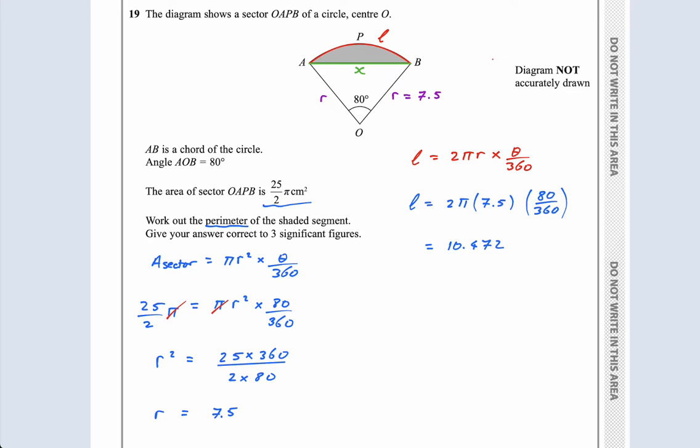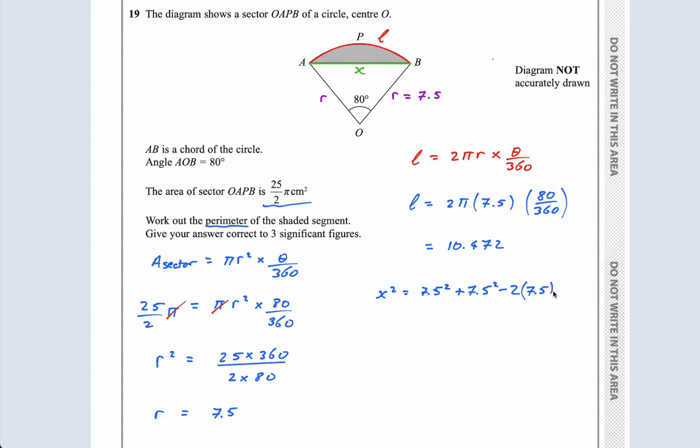Then I need x. How do I find x? I'm going to use the cosine rule. So cosine rule tells me that x squared equals, so this squared equals this squared plus this squared, which is 7.5 squared plus 7.5 squared, minus 2 times this, which is actually 7.5 squared.